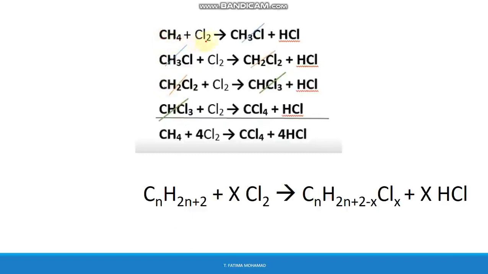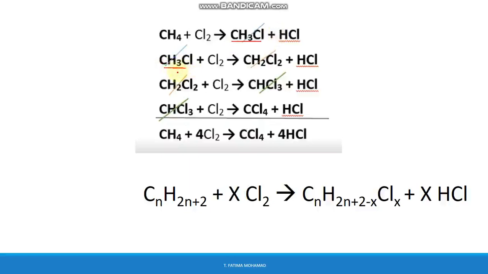Here it's the same example, but we're writing it in another way. CH4 plus Cl2 will give what? CH3Cl plus HCl, and we said the reaction will continue. Here when methane is used up, chlorination will continue to take place, but it will take place on what? On chloromethane.